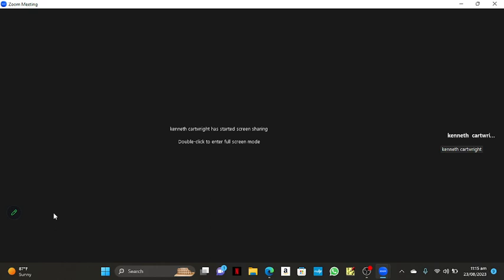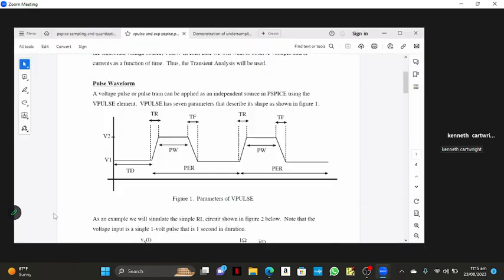Looking at figure 1, everybody can see figure 1? I see it. All right. TD is just a time delay. All we're doing is offsetting the pulse from the origin.